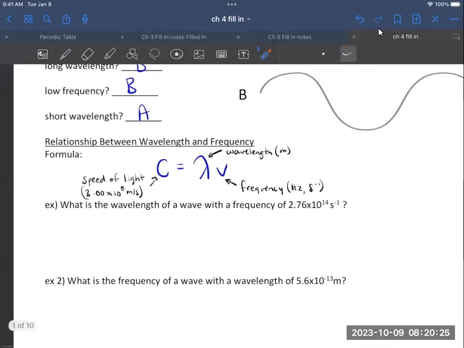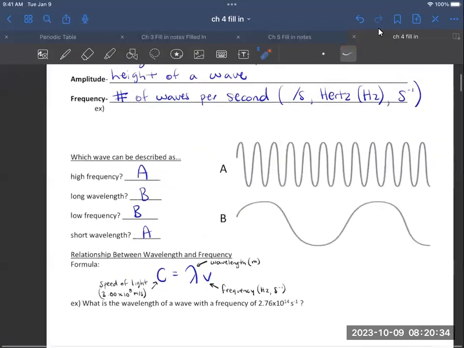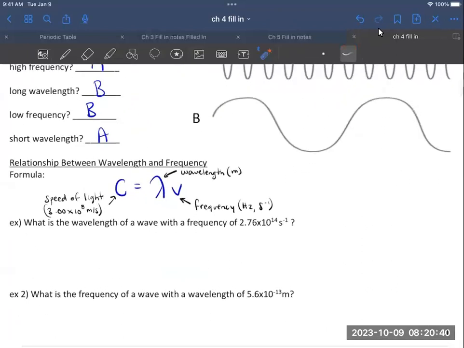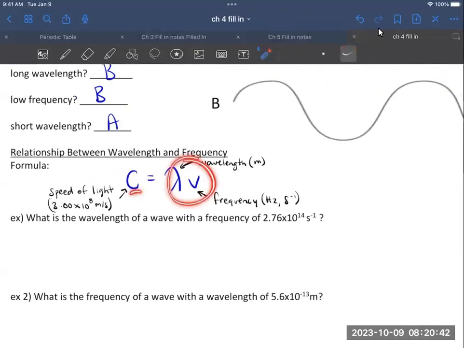So what this formula tells us is that if you multiply the wavelength times the frequency of any wave of electromagnetic radiation, you'll get the speed of light. This also tells us that electromagnetic radiation always travels at the speed of light. It only has one speed, and that's the speed of light.